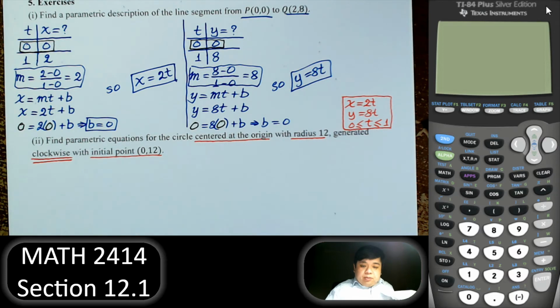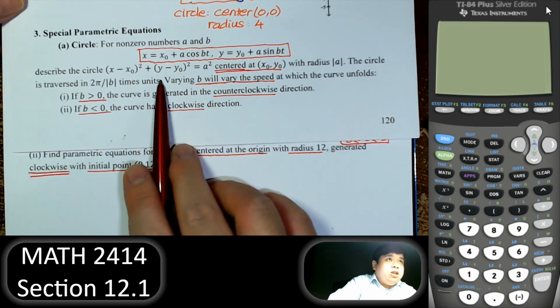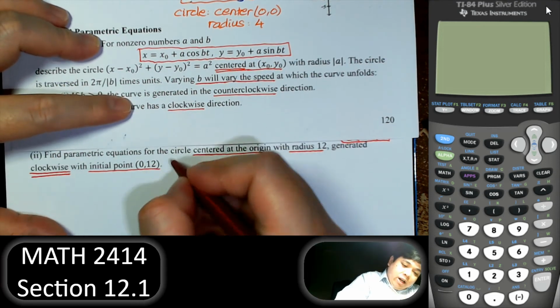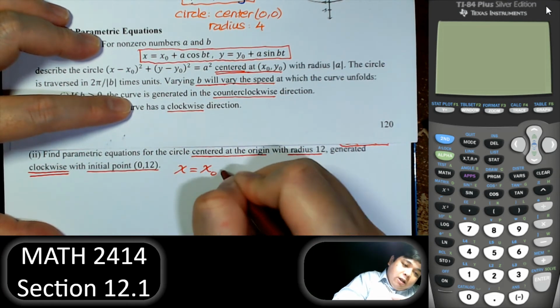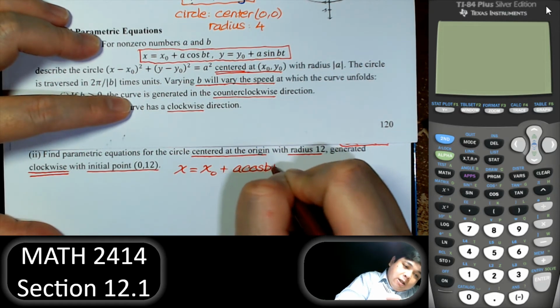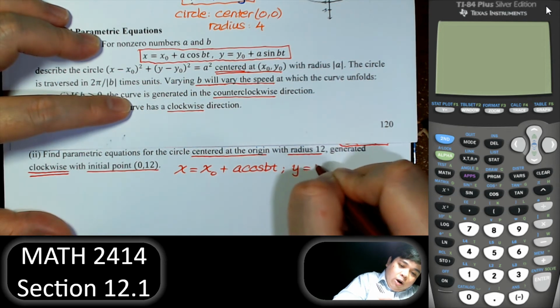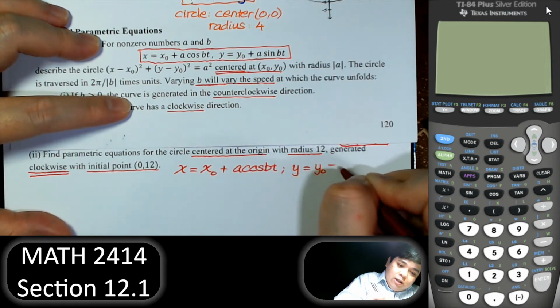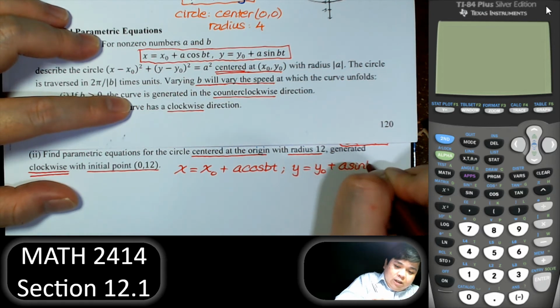But in terms of the equation of the circle, that is the equation of the circle. So let's just write x equals x naught plus a cosine bt, y equals y naught plus a sine bt.